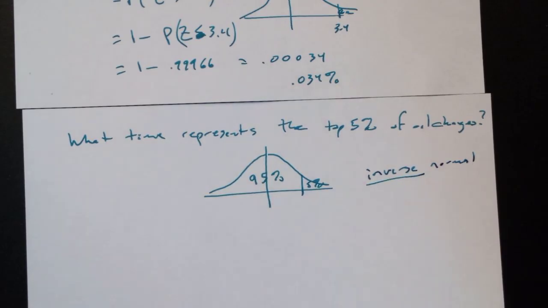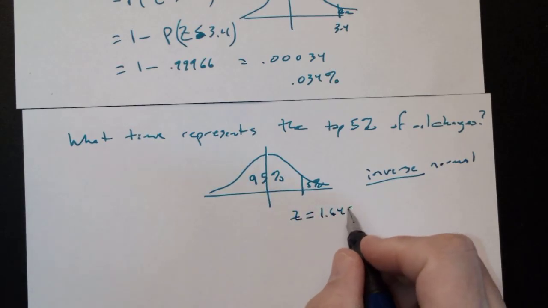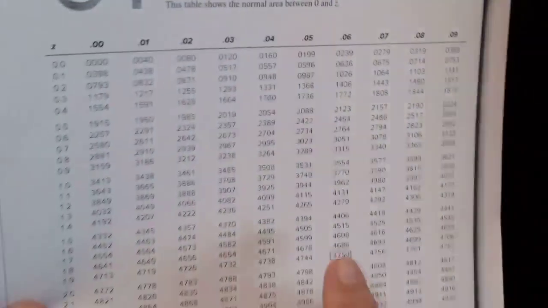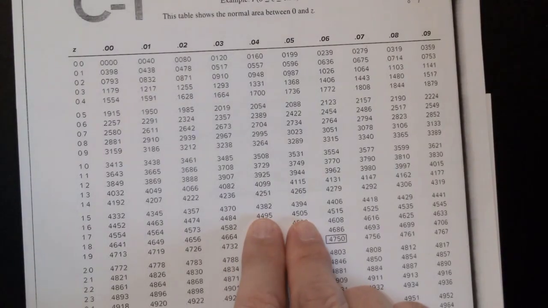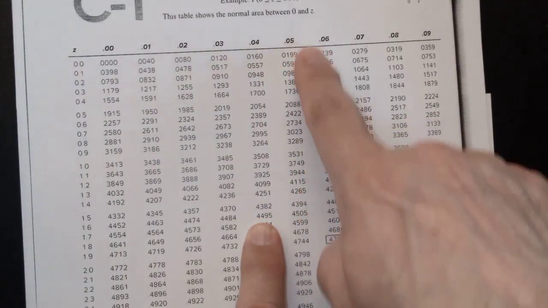And yes, when I do this, if I do this on the calculator, I'll get a Z-score of 1.645. If I look on the charts, I will see the number that I'm looking for, 0.45, right, is exactly between these two, 1.64 and 1.65.